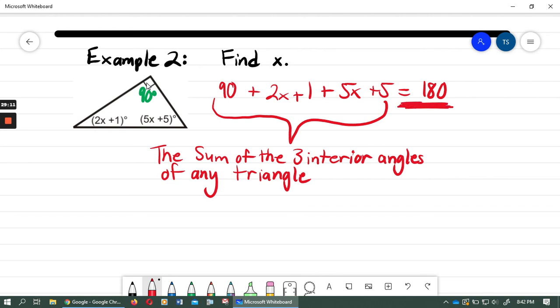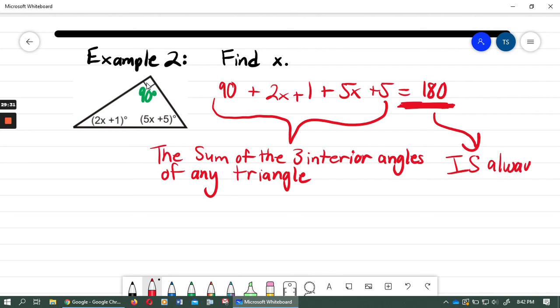So right there where you see that equals 180, that's the reason why. It is always 180 degrees.